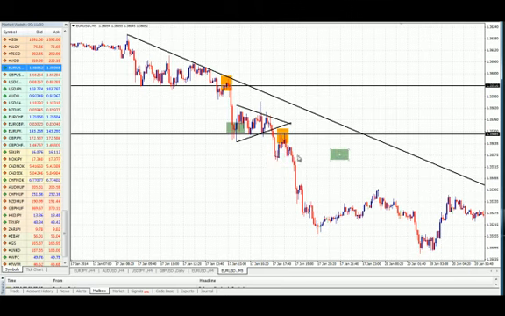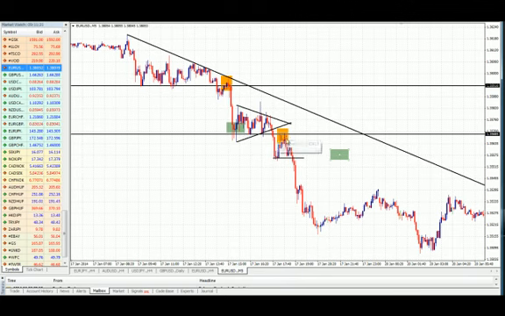Let me get rid of this because this was an aggressive entry, and we are not trading aggressively right now with this strategy. This is the low that price made when it broke this structure and this support, okay?